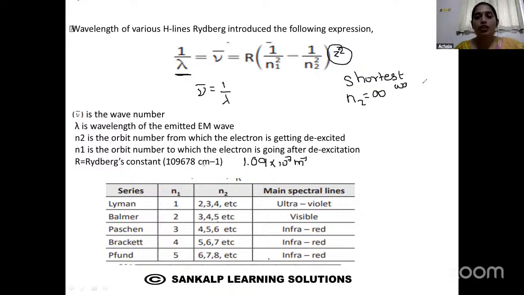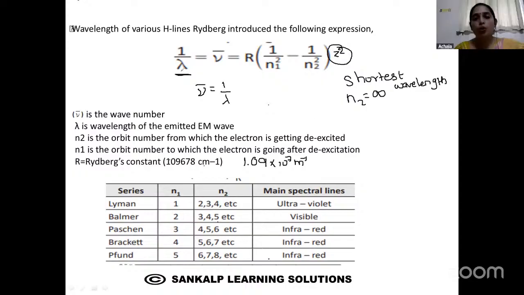If they ask to find the shortest wavelength of the Balmer series, then I have to substitute n1 equal to 2 and n2 equal to infinity. By substituting these in the formula, we can find 1 by lambda. But after finding 1 by lambda, we have to take the reciprocal, then calculate the lambda value, the wavelength value.